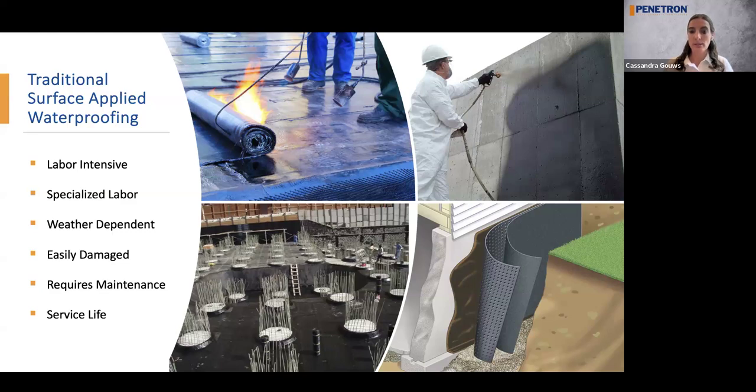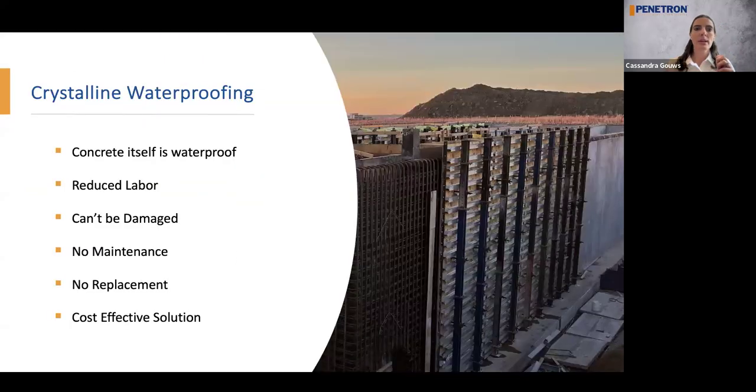And due to the fact that it's being installed out in the open, it is weather dependent. So if it's very cold, it can't be applied. If it's raining, it can't be applied. And then once it is installed, it is very easily damaged and it requires maintenance. It also has a service life, so it needs to be replaced every few years. So that's your traditional surface applied waterproofing systems.